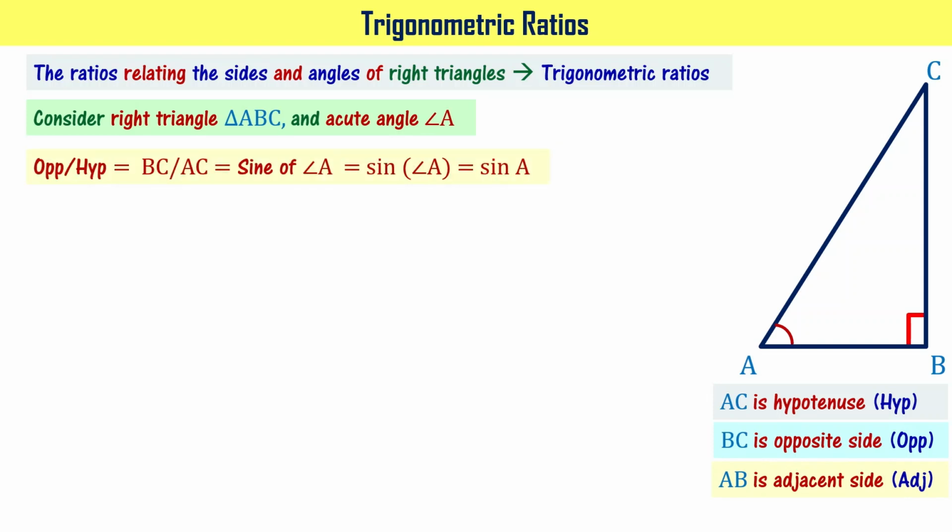And we said that opposite side by hypotenuse, or length of opposite side by length of hypotenuse, is sine of angle A, right?